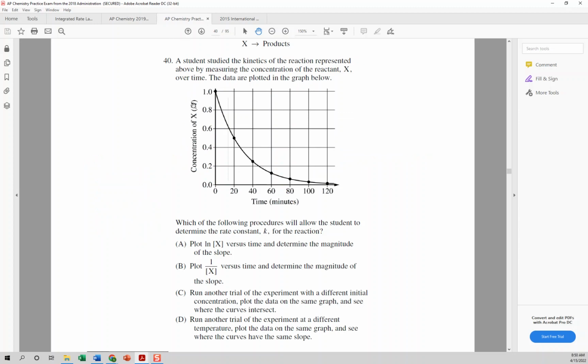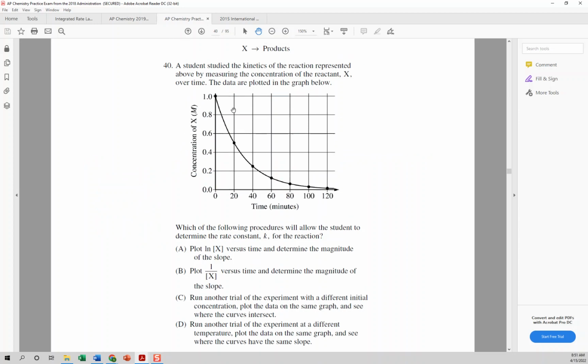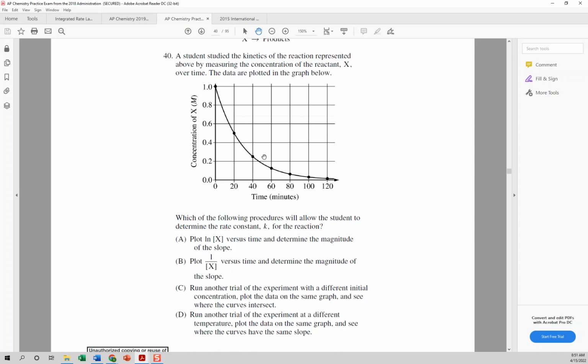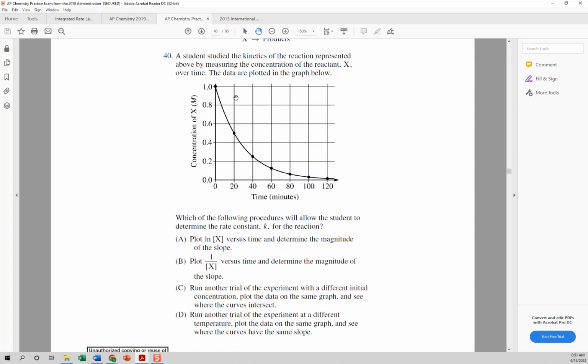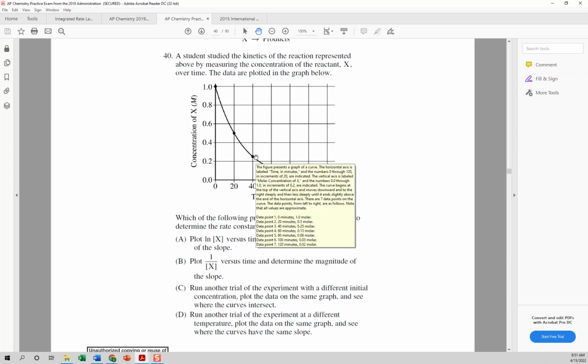So what I want you to realize real quick, before we even read the question, concentration versus time did not give us a straight line. So we know it's not zero order. So concentration versus time did not give us the straight line.